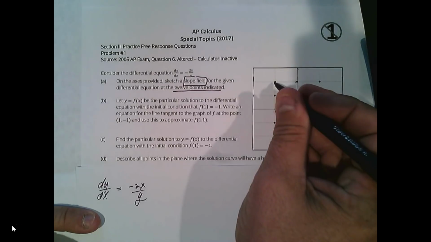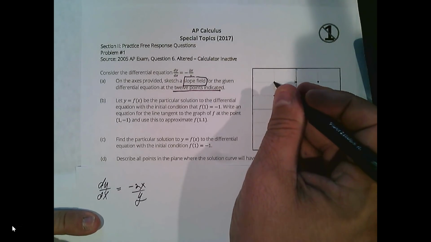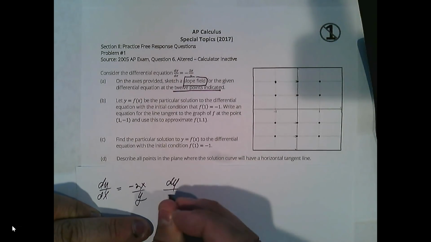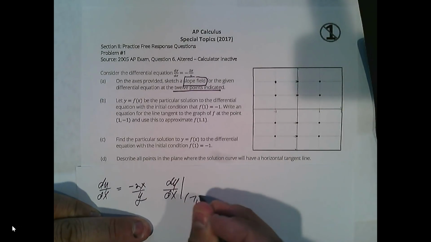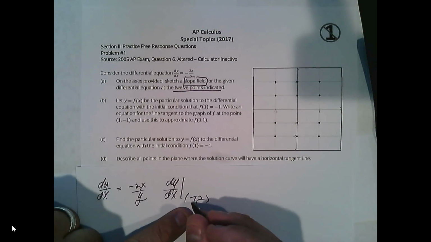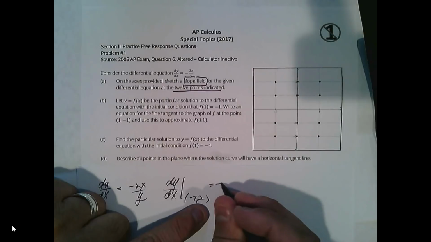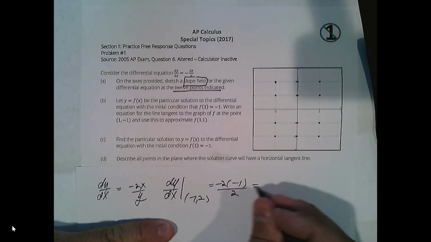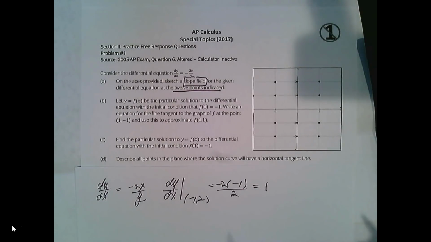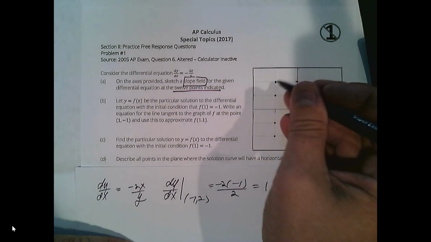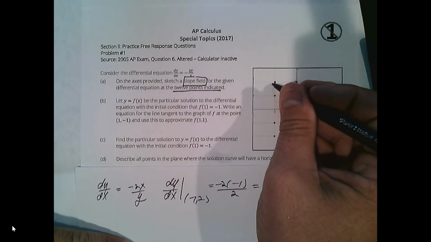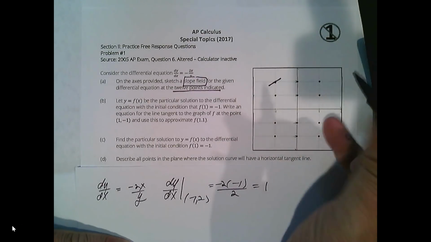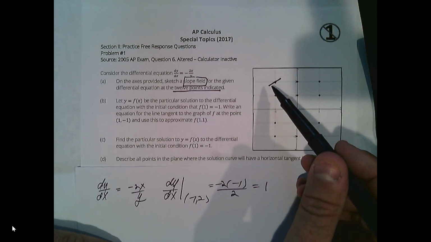So, for example, if I take this point over here, negative 1, 2, and I say dy/dx at negative 1, 2, well, x is negative 1, y is 2. We're going to plug this in, negative 2 times negative 1 over 2, and we're going to get a slope of 1. What you're then going to do is go back to that exact same point and draw in a little tangent line segment with a slope of 1.